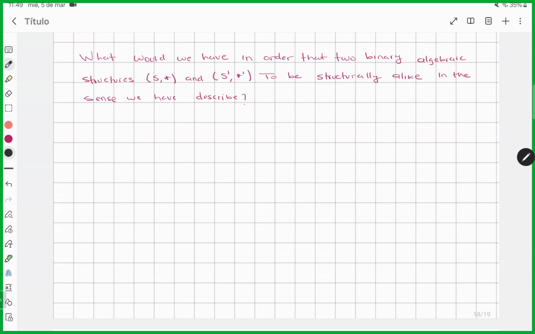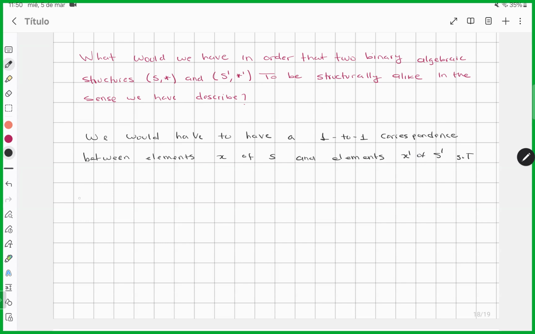Well, we should have a one-to-one correspondence between elements x of S and elements x prime of S prime, such that the following is true.